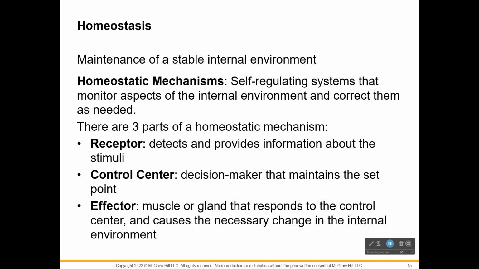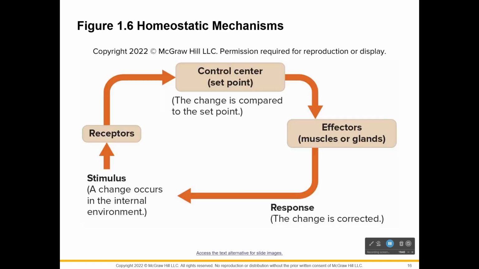That cell will communicate to the control center. And the control center will talk to the effector cell to change that. In this case, if you have too high blood sugar, your control center will be your endocrine system, which can release insulin. And then insulin is going to communicate to the effector cells to take sugar in out of the blood, and that's going to lower our blood sugar.